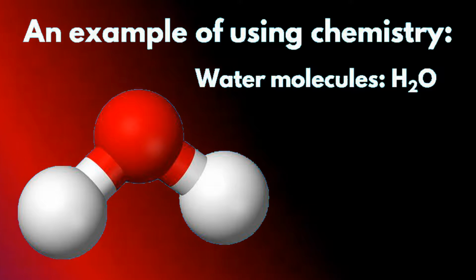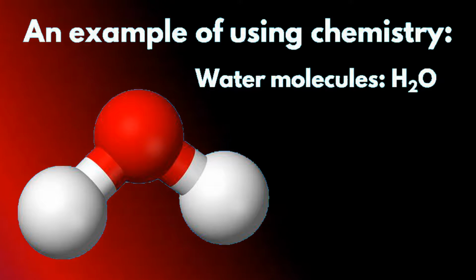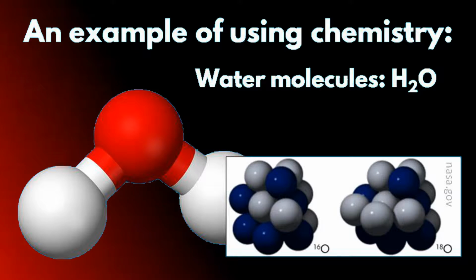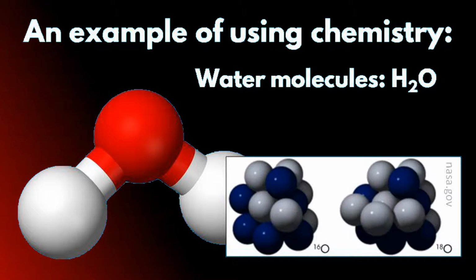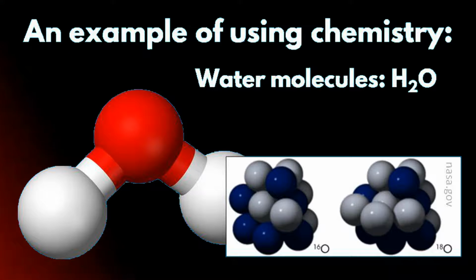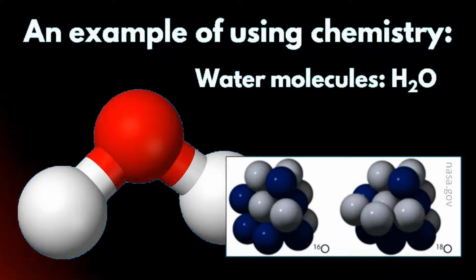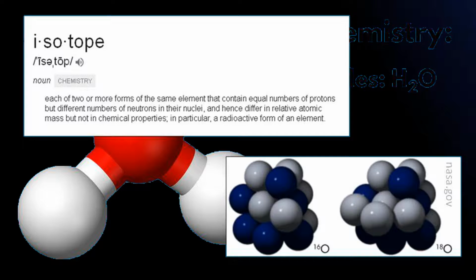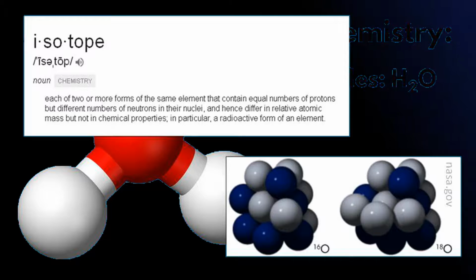It's got 2 hydrogen atoms and 1 oxygen atom in it, but all oxygen atoms are not the same. Turns out on Earth there are 2 main types of oxygen atoms. Type is a bad choice of word. Let's use the correct word, isotopes. There are 2 main isotopes of oxygen. If you're not comfortable again from a high school science class with the word isotope, isotopes are one of 2 or more forms of an element that contain the same number of protons in their nucleus, but different numbers of neutrons.